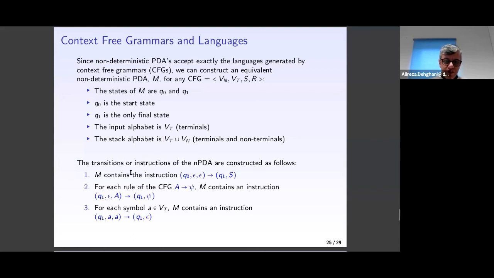The transitions or instructions of the nPDAs are constructed as follows. M contains the instructions. We have an instruction for each rule of the CFG, which says that if you read nothing, and if you have symbol A in the stack, you will go to state Q1 and have another thing in the stack.